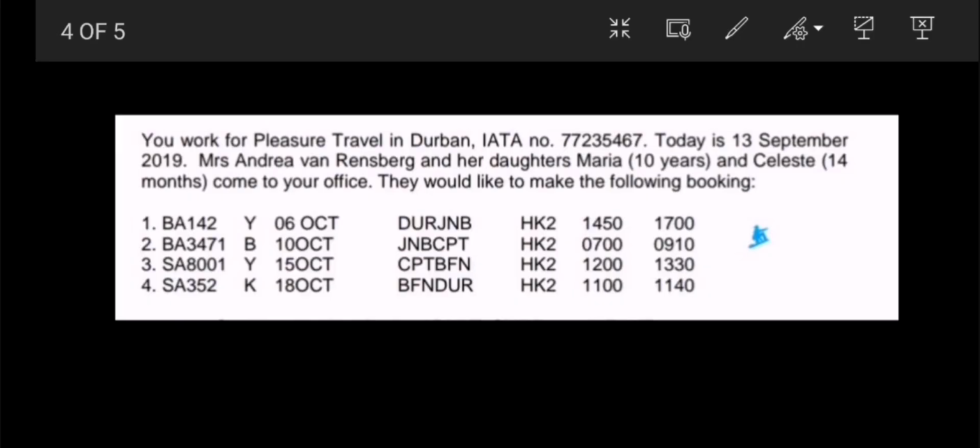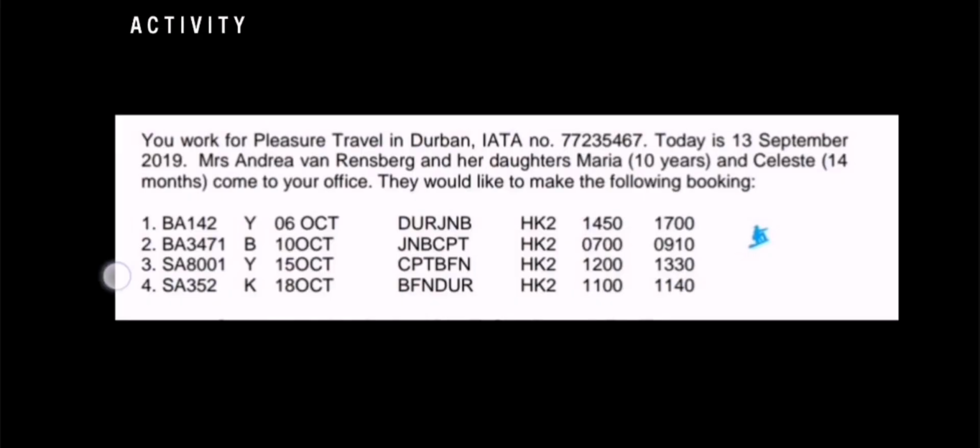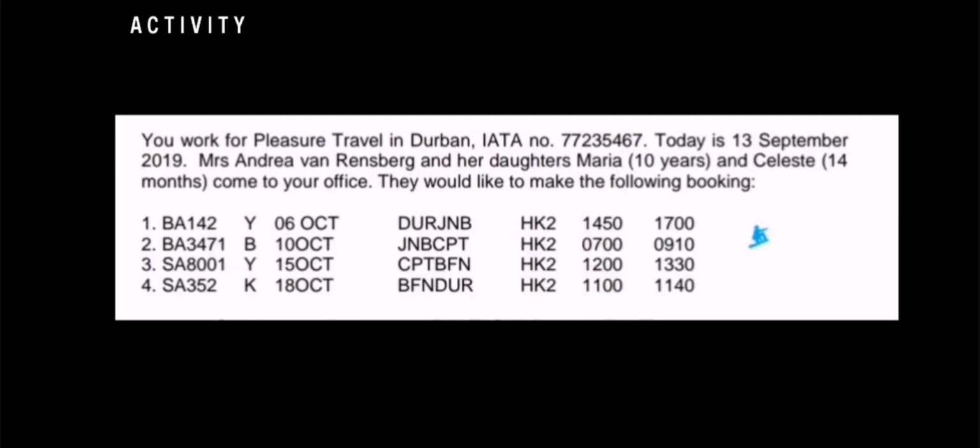Joburg, Cape Town, British Airways, Class B. It will tell you how much to charge, and then from there you continue doing your fare calculation until you add the taxes and do your total.